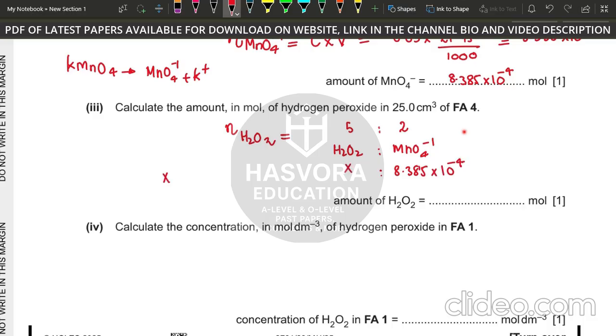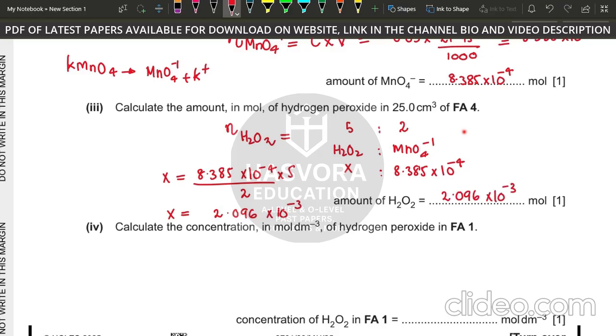So x is going to be 8.385 × 10^-4 divided by 2 and multiplied by 5, which gives 2.096 × 10^-3. Okay, so 2.096 × 10^-3.